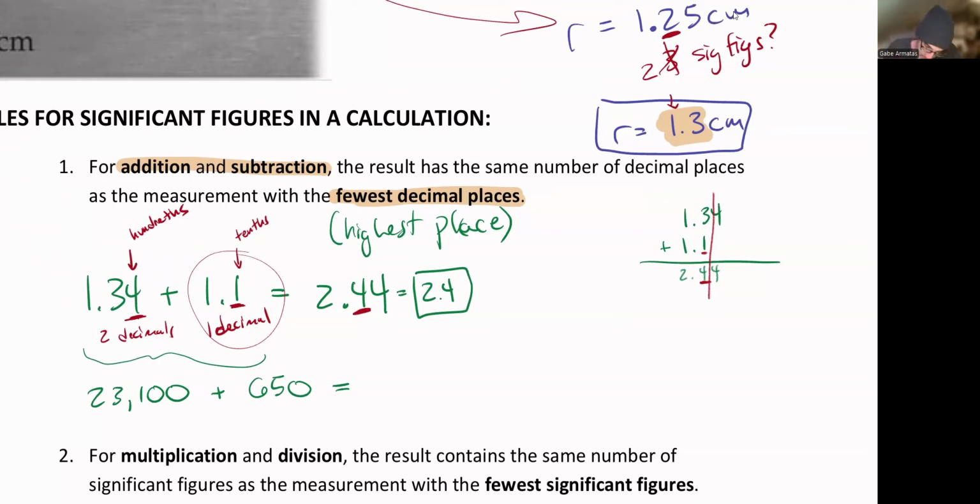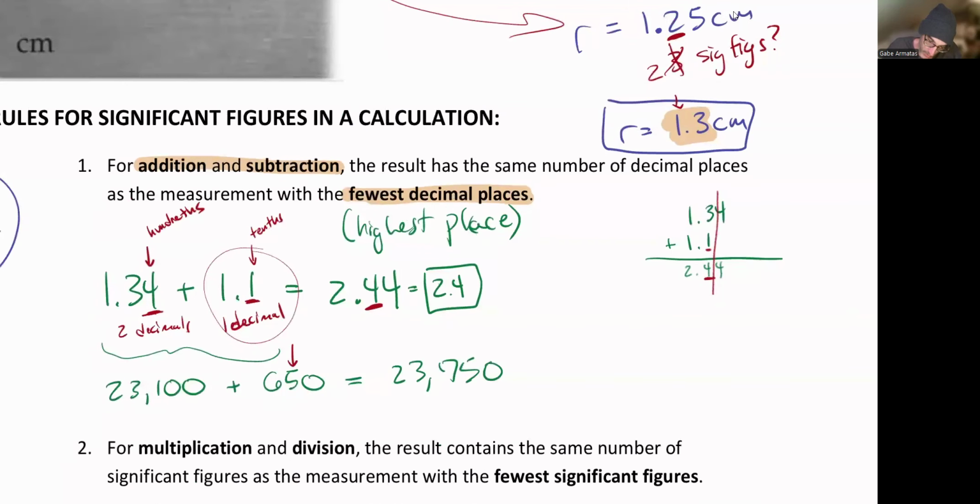So I'm going to add these two things together: 23,750. And again, I'm going to look at the lowest place. That's the tens, and this is the hundreds. That means I am going to round my answer to the hundreds place because that's the higher of the places.